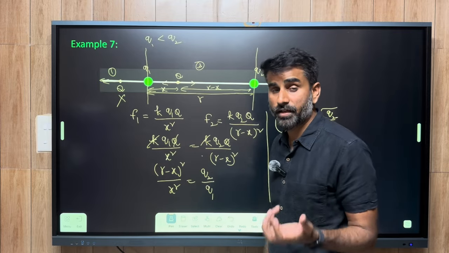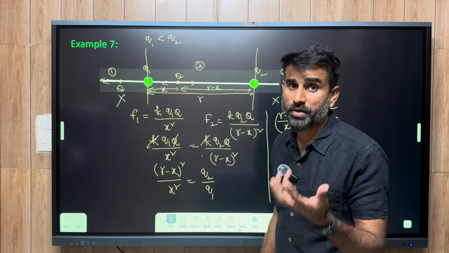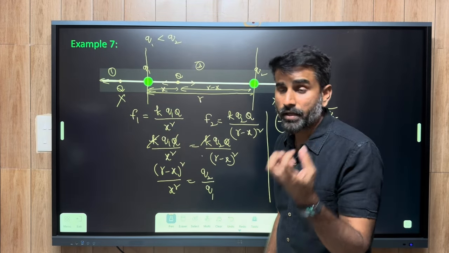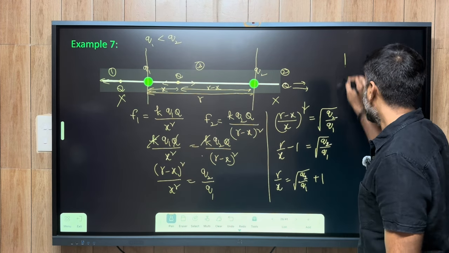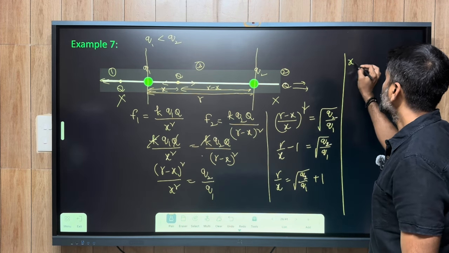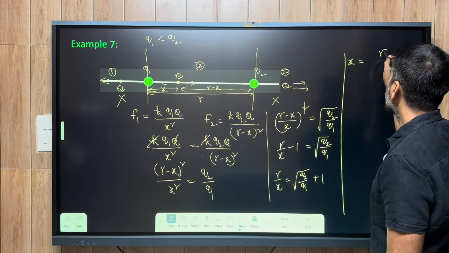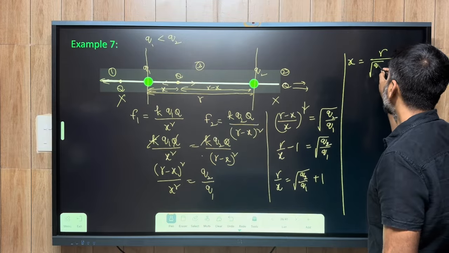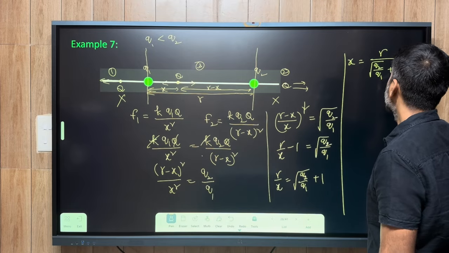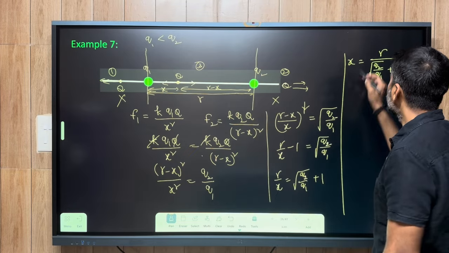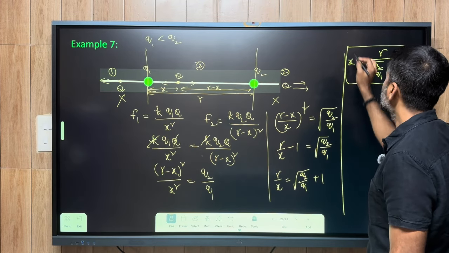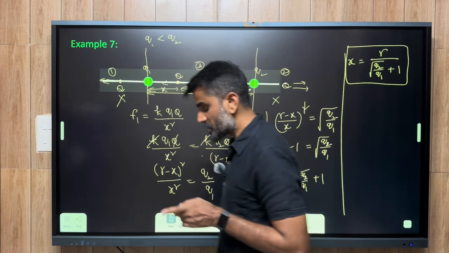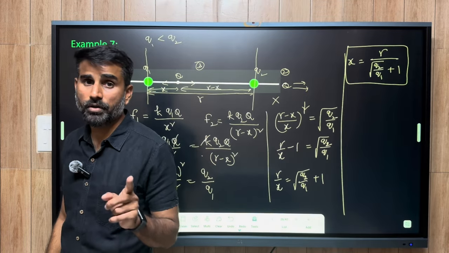As I would like to find the equilibrium distance, the question is asked like, where should the third charge be placed such that the third charge will be in equilibrium. So my task is to find x. So x is equal to r upon root over q2 by q1 plus 1. So this is the equilibrium position of the third particle.